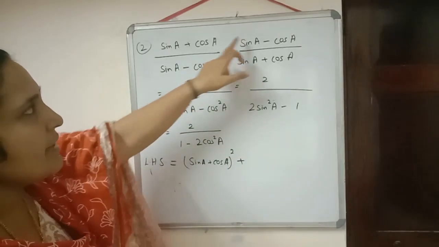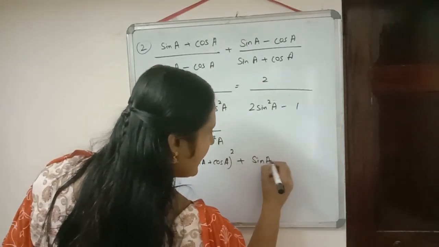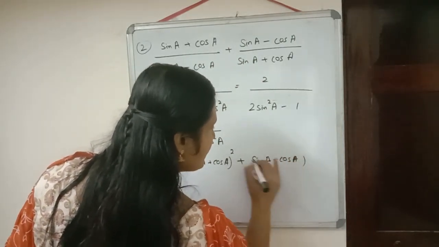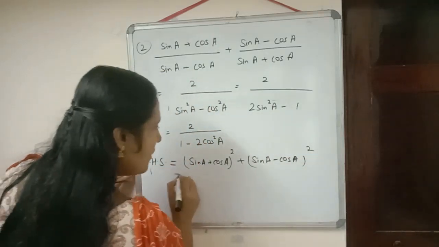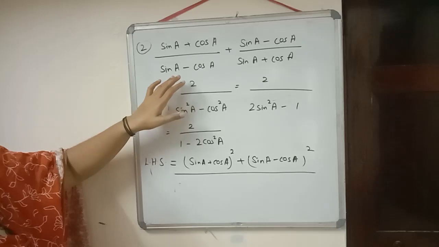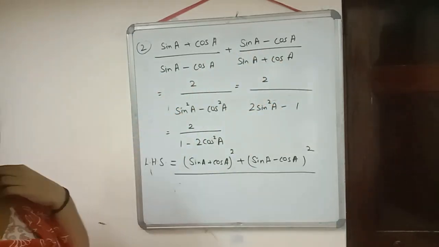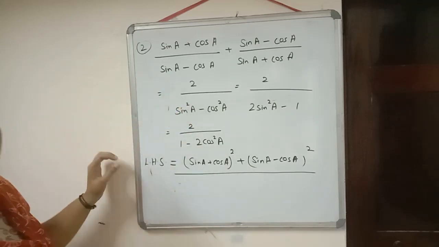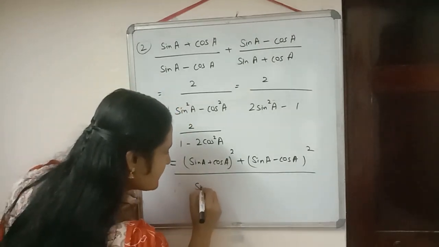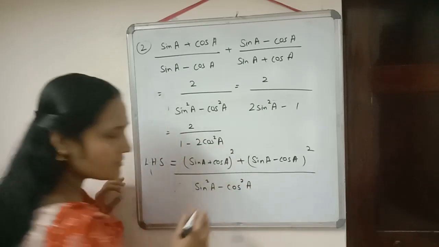Plus in the same way these two will become (sin A minus cos A) the whole square, whole divided by, check our denominator again, it is in the form of identity (A minus B) into (A plus B). So that will be equal to A square minus B square. Then we will get there sin square A minus cos square A.